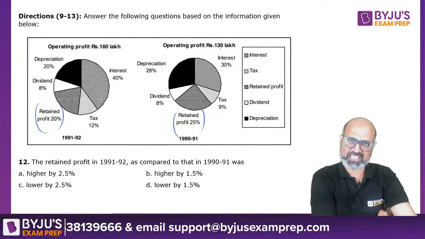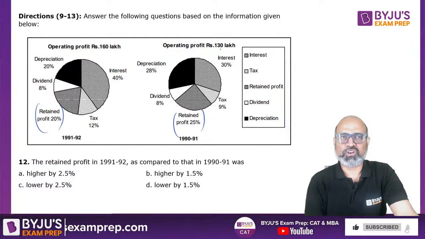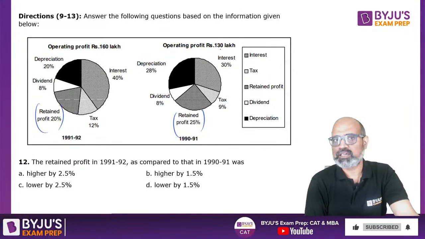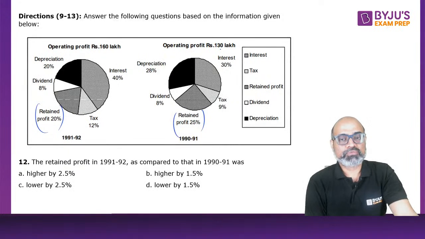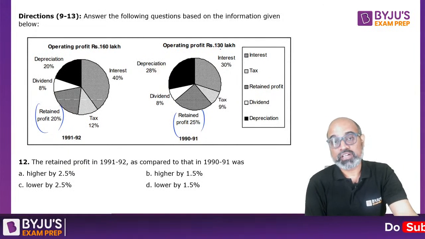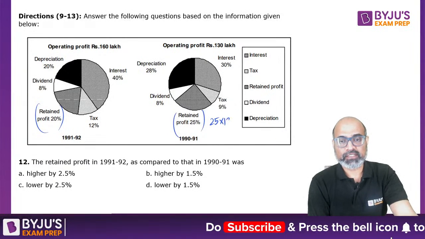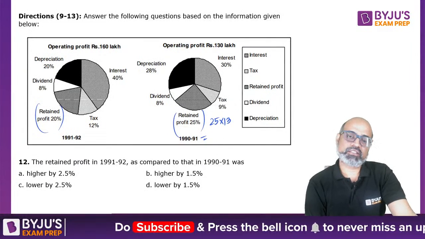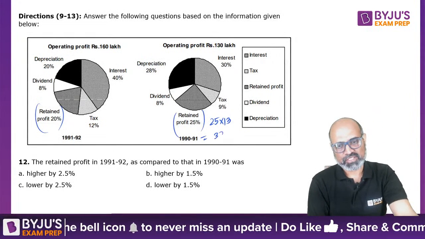If you only have to check percentage, you can multiply and take the ratio, doesn't matter. You work on magnitude, still you'll get the same answer. So we can do 25 into 13 also. So if I do 25 into 13, this is 250 plus 75, 325.